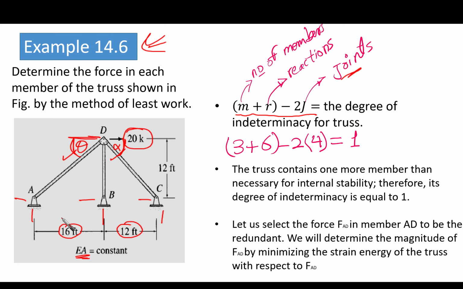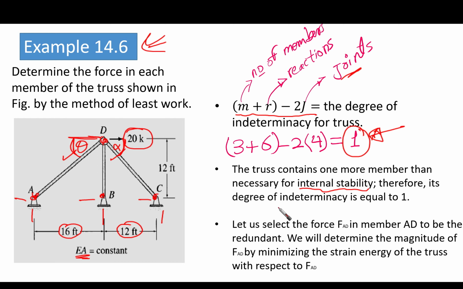How many joints do we have? 1, 2, 3, and 4. So we have 4 points, 2 times 4. If you put it in this equation, you find that we have a one-degree statically indeterminate structure. The truss contains one more member than necessary for internal stability. We're talking about the internal stability here.